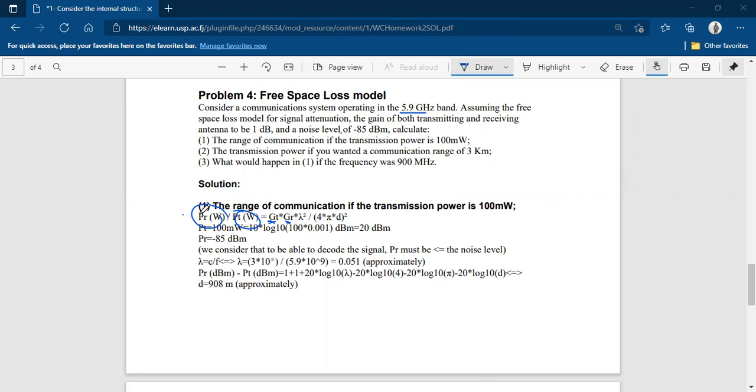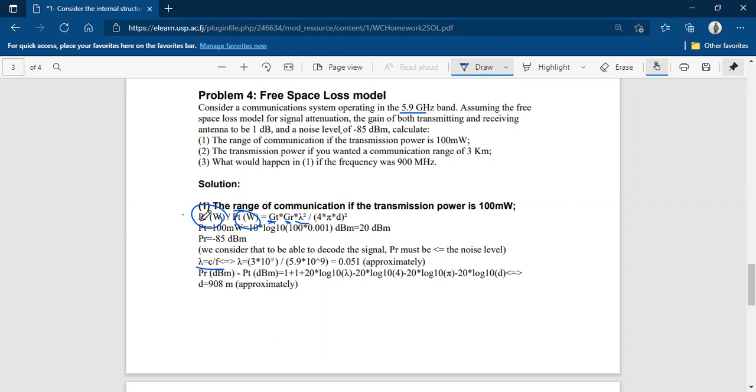So that is why we are converting the receiving power and the transmitting power into the same units. Now, this transmitting gain, we can use as it is. And for this lambda value, we have to find our lambda from this formula, that is speed of light divided by frequency. And this particular part is as it is because we are calculating our distance.